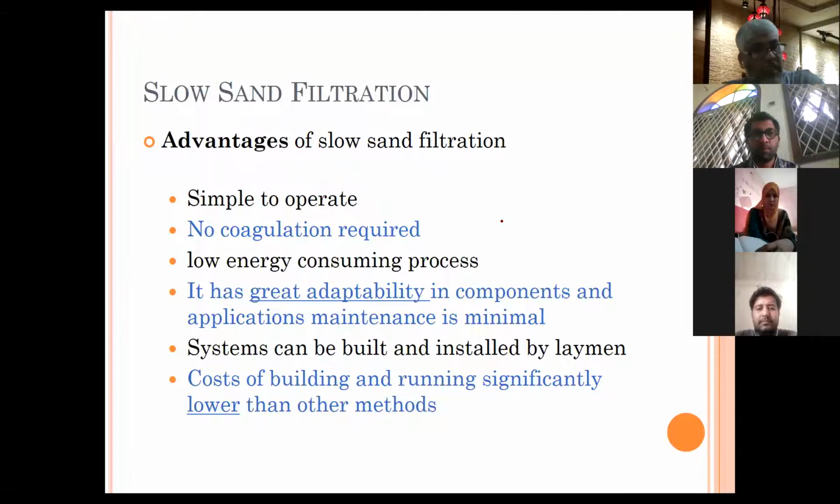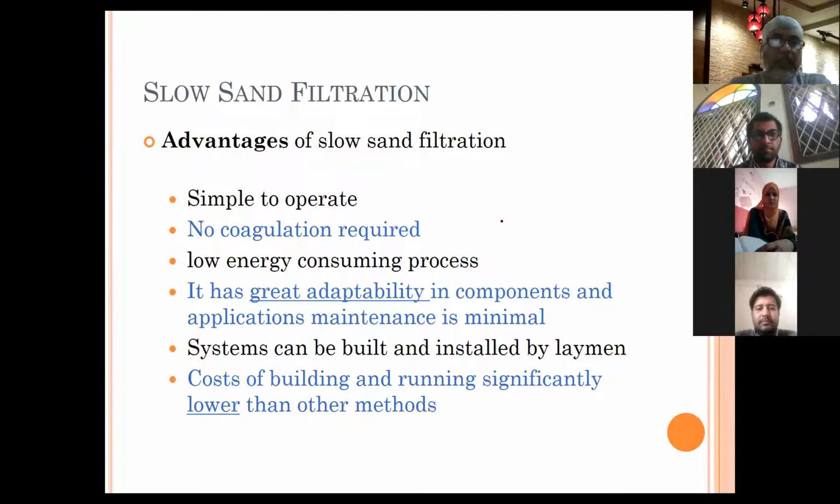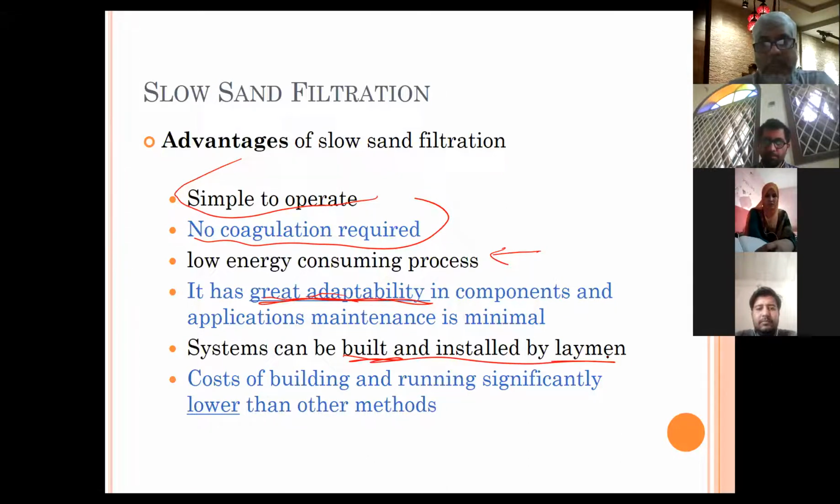We also discussed the differences in the last class, where slow sand filters have some advantages and rapid sand filters have some advantages. The slow sand filter is simple. You don't have to add any coagulation, it has low energy, great adaptability, and you can build and install it easily, and costs are low.